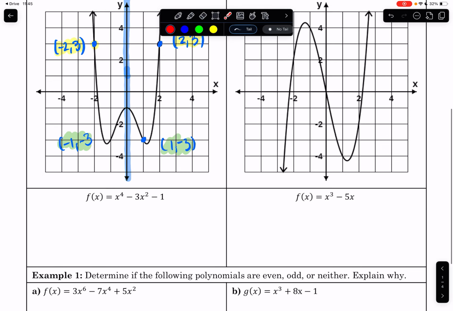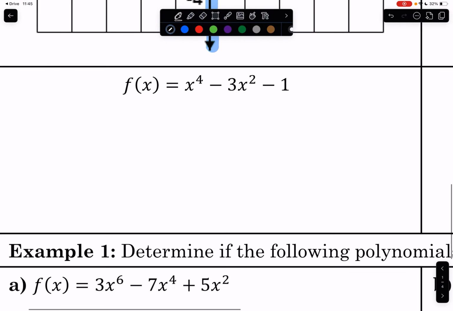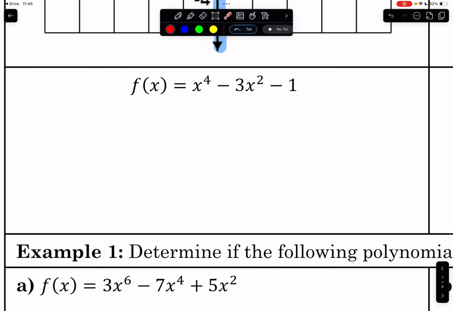Now, to prove this mathematically, again, like I said, since every x value and the opposite x value is going to have the same y value, all I have to do to prove this mathematically is if these x values are going to equal a specific y value, f of x, that means that if I replace my x with the opposite value, which is represented mathematically by using a negative sign, then this equation here should match up again to the one I'm going to end up creating.